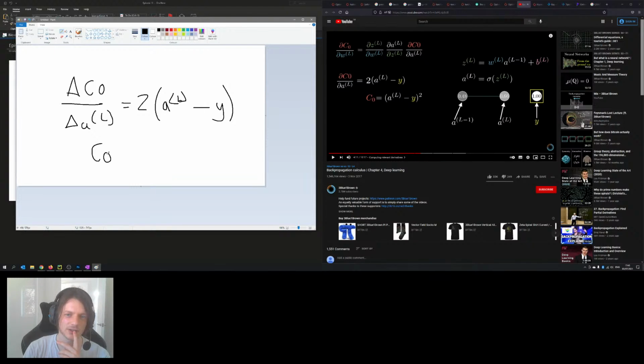And then the cost of C sub 0 equals 2 times, so it's going to be, if you're squaring, so the derivative, oh man, I'm feeling the cogs working at the moment. 2 times this.